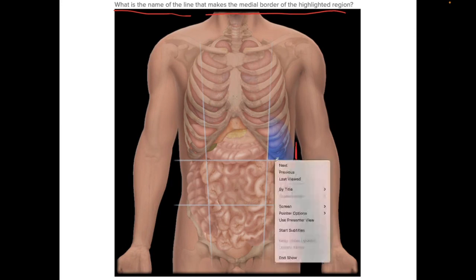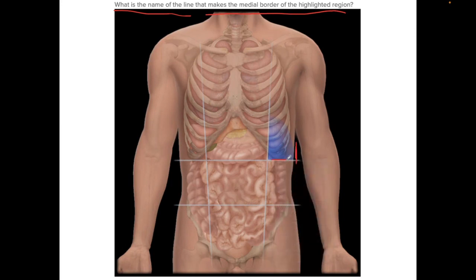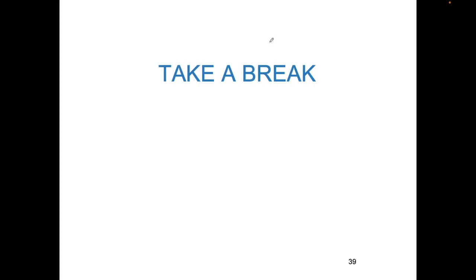Okay, so here's the lateral border, here's the inferior border, here's the superior border, and here is the medial border. So that's going to be either parasagittal or mid-clavicular because it's crossing the clavicle, mid-clavicular region.